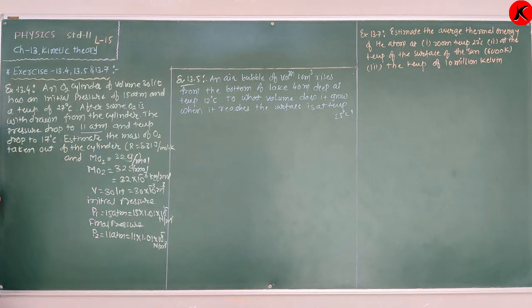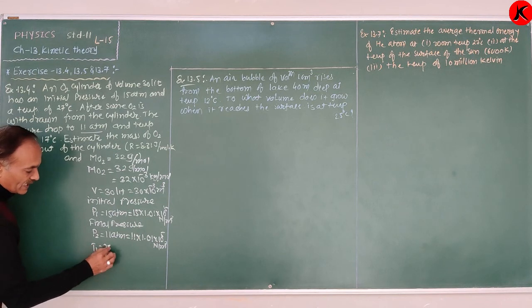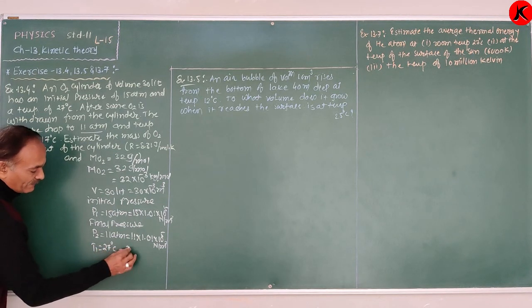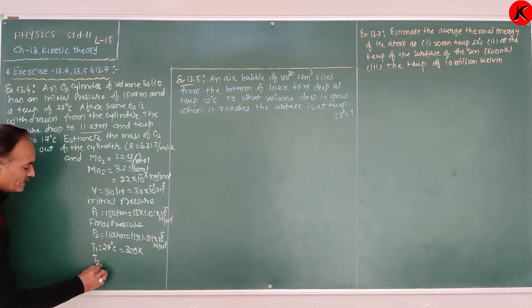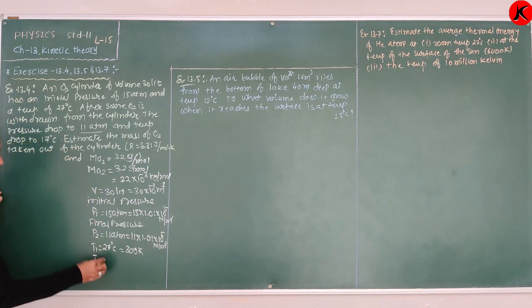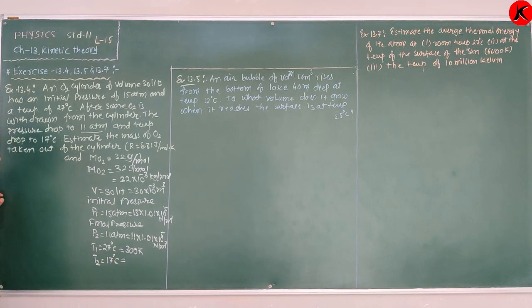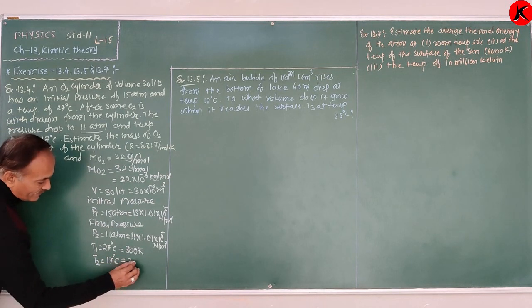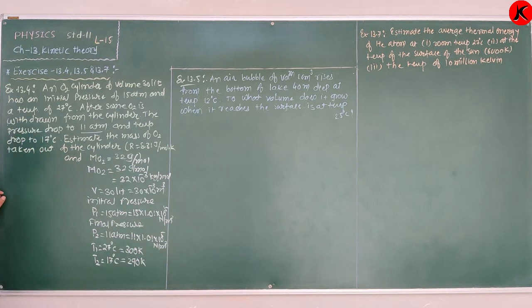Initial temperature T1 is 27 degrees centigrade, that means 300 Kelvin. And final temperature is 17 degrees centigrade after the oxygen is withdrawn, so that is 290 Kelvin.